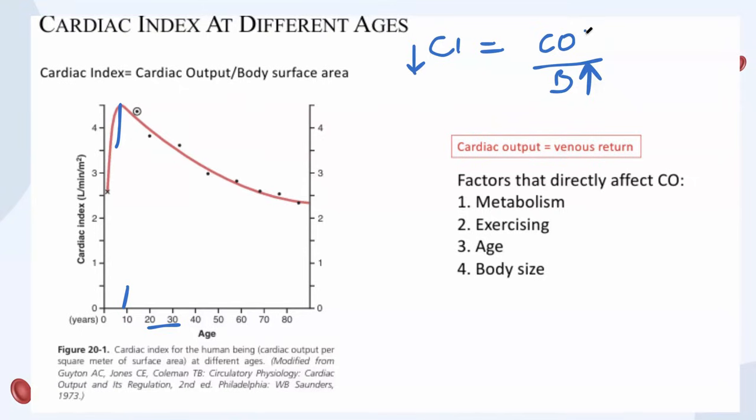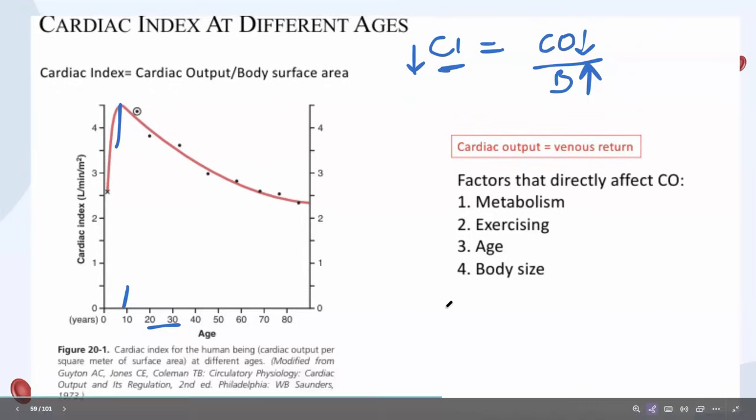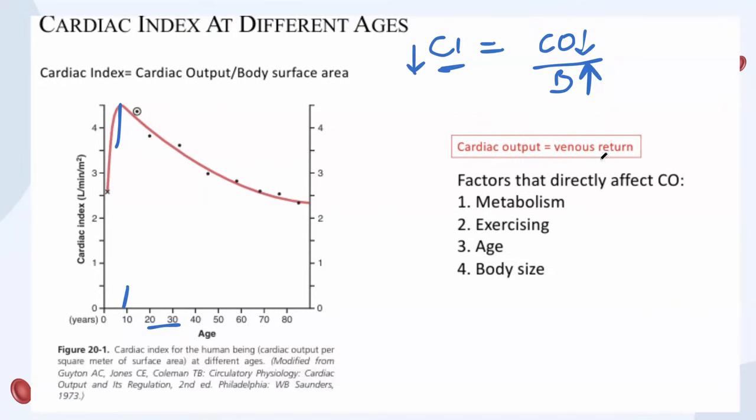If the cardiac output decreases, that means the cardiac index will also decrease. So these are just some factors that can influence this as people grow older: there are problems, they gain weight, they exercise less. So factors that directly affect cardiac output are metabolism, exercising, age, and body size.